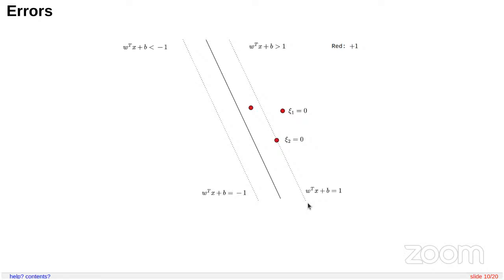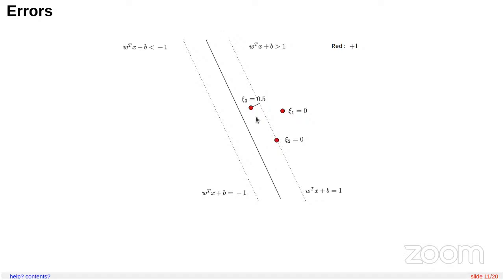Say I'm going to give it 0.5. There is a way to think about this term, W transpose X plus B equal to C. This thing has a distance. I'm saying that this bounding plane is 1 unit away from the decision boundary, so this particular point is 0.5 units away from this bounding plane.